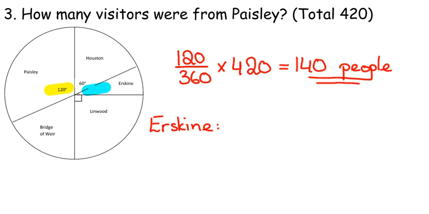And thankfully we see that we've got this nice lovely straight line here, which would give us two right angles, one here and one here. Houston is 60, Erskine is whatever is left inside that right angle, so Erskine would be 30 degrees. Okay, and if you wanted to do that, that's how you would look at finding a missing angle. Just look for right angles, look for straight lines, and look for angles that are going to add up.